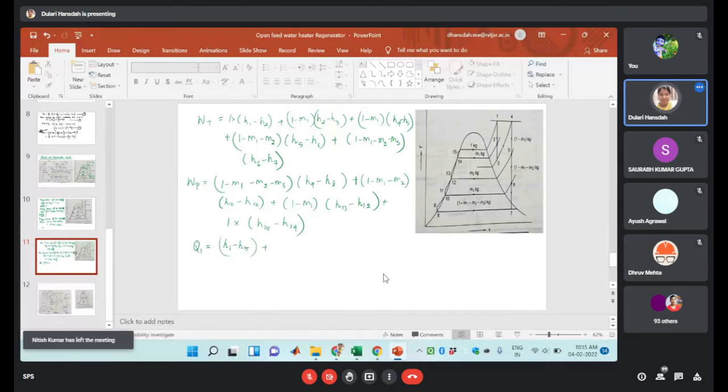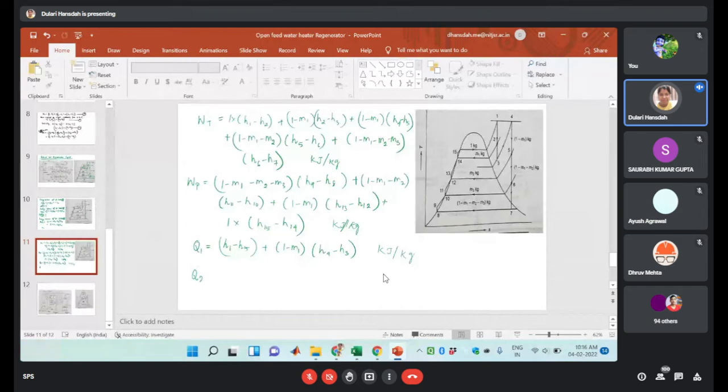Then in case of the reheater, the mass is 1 minus m1 and the enthalpy change is H4 minus H3. So this is your heat addition. The unit is kilojoule per kg. So here all the units are kilojoule per kg.